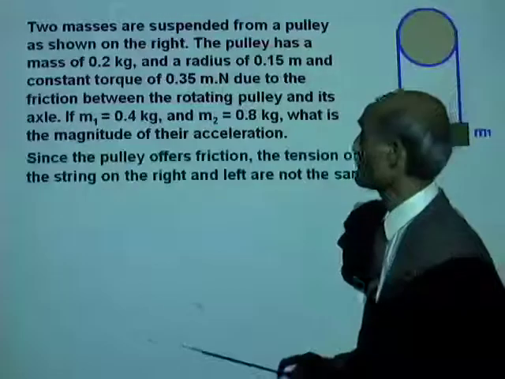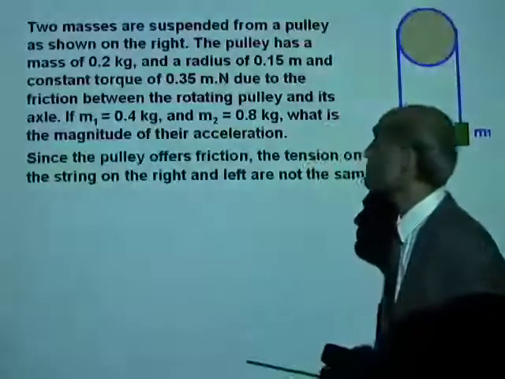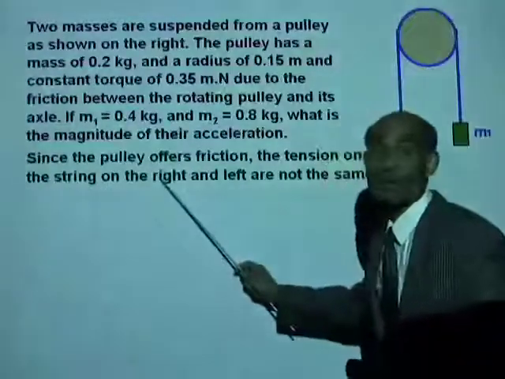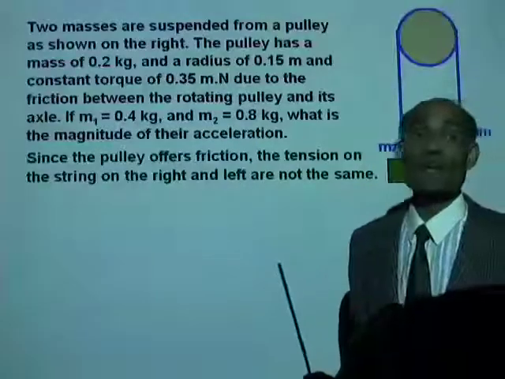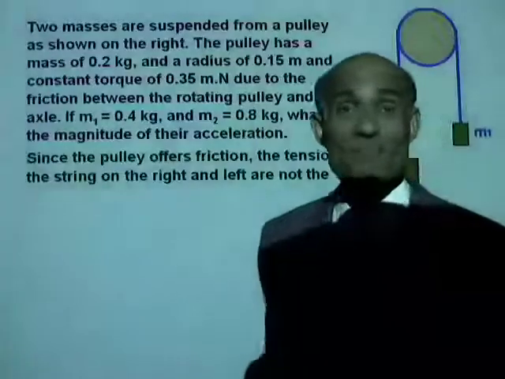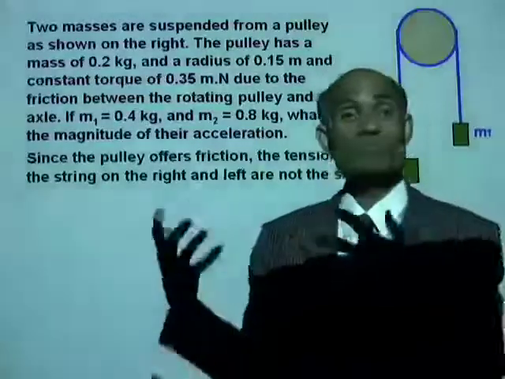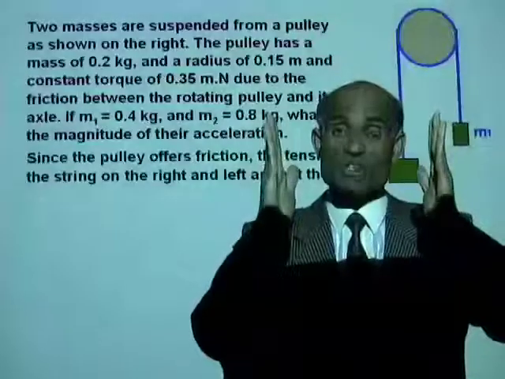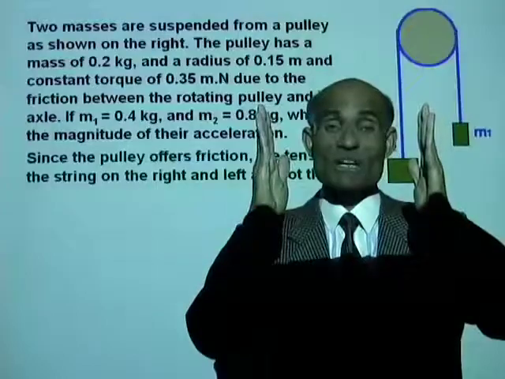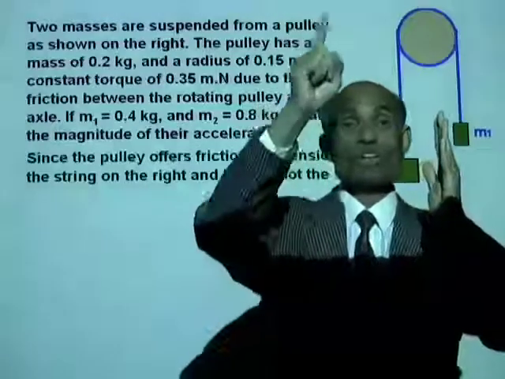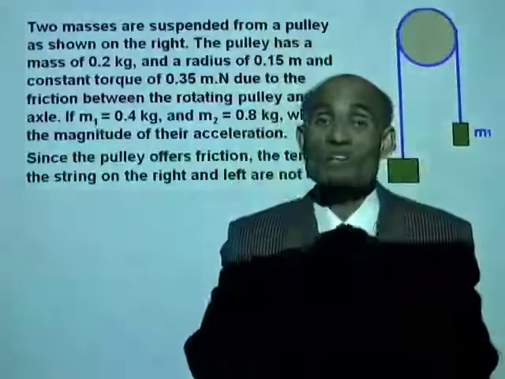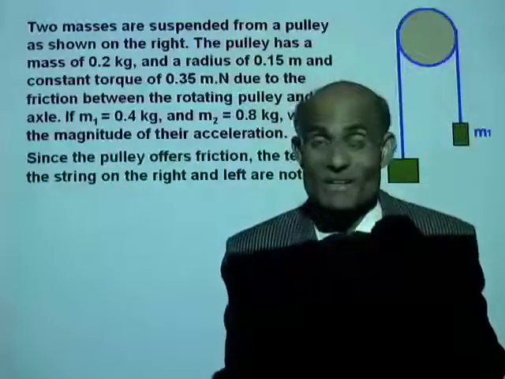Alright, let's do that. Since the pulley offers friction, the tension in the string on the right and on the left will not be the same. In a previous problem like this, we said the tension in each part of the string is the same because they represent the same string, and the pulley at that time was frictionless.